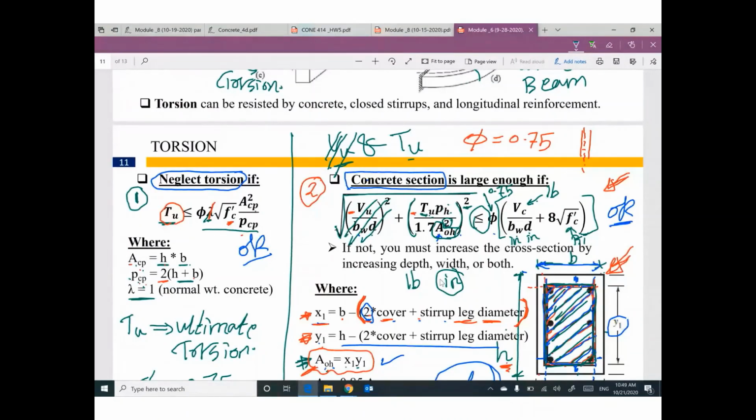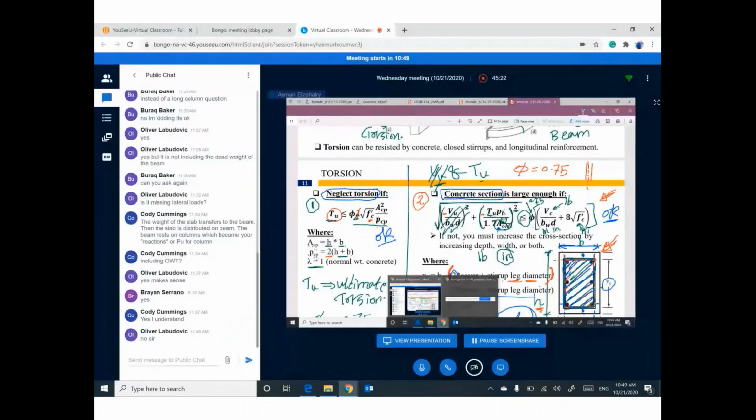One more problem on designing of a one-way slab, and another problem on two-way slab. 2 or 3 problems on column. So the total will be probably around 6 or 7 maximum problems. Okay.